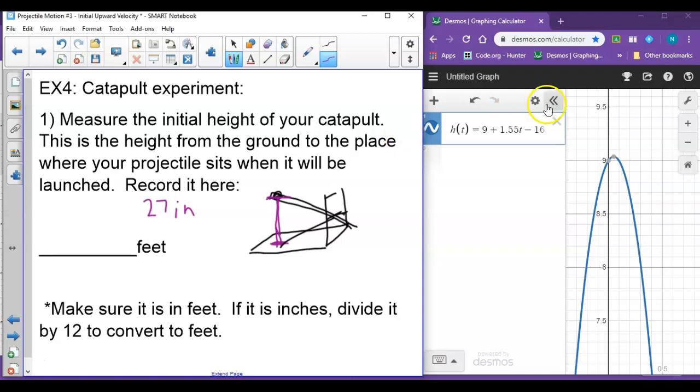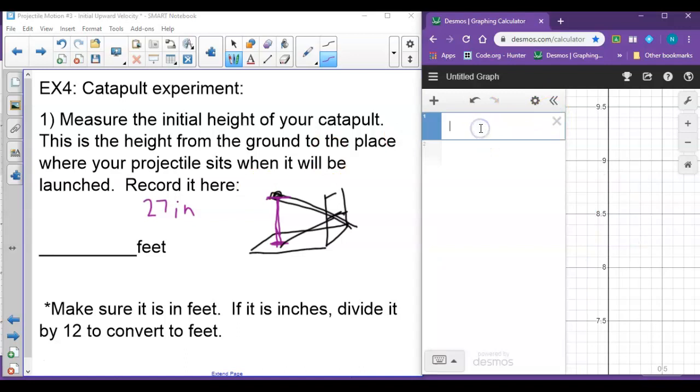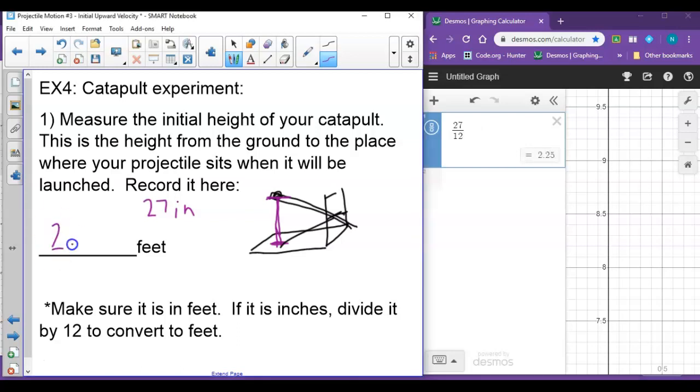So I'm going to take 27 inches and divide it by 12, and that's 2.25 feet. If your initial height was only 7 inches, don't put 7, because that would be like 7 feet. Put 7 divided by 12 and use that decimal instead. Okay, so that's my initial height.